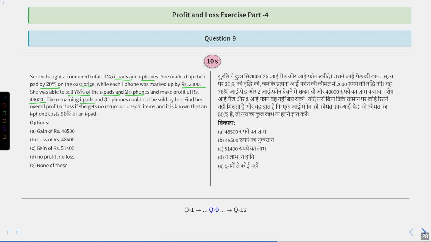The remaining iPads and 3 iPhones could not be sold by her. Find her overall profit or loss if she gets no return on unsold items. And it is known that an iPhone cost is 50% of an iPad. You have 5 options and 10 seconds to analyze the question. Your time starts now.